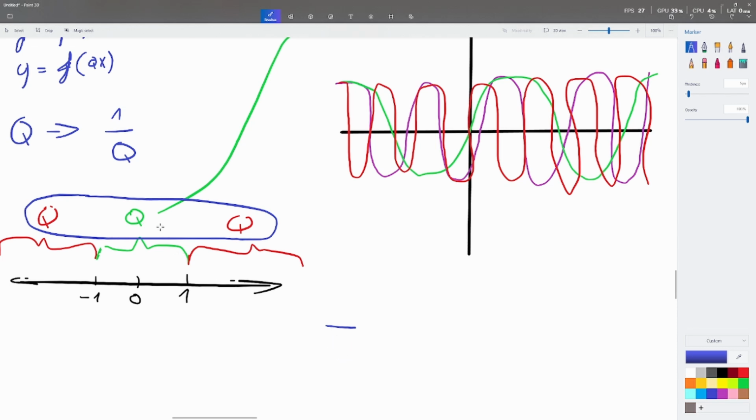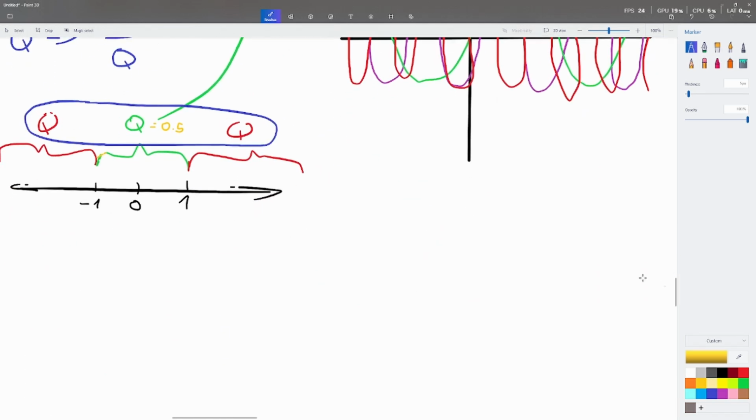So even though your exercise says to stretch it by a q value of 0.5, you know that it will be between -1 and 1, meaning that it will stretch out.